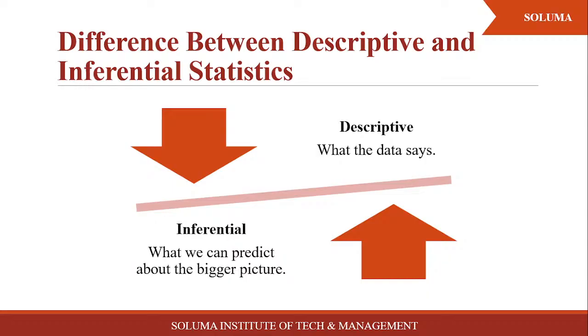The descriptive gives us access to talk about the data on the surface, while inferential gives us the privilege to talk about the data on a deeper level, to think more deeply, to get more insight from the data. That is the difference between inferential statistics and descriptive statistics.